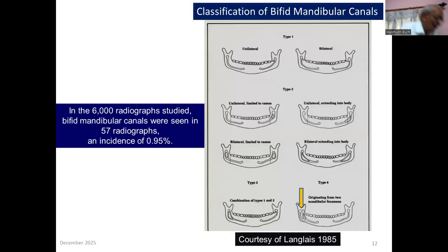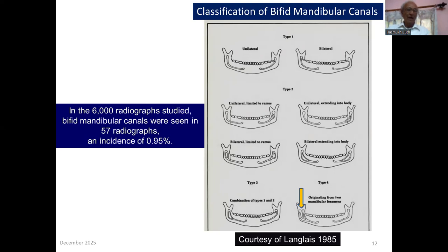And now classification of the bifid mandibular canal. In the 6,000 radiograph studies, bifid mandibular canals were seen in 57 radiographs, an incidence of 0.95%.